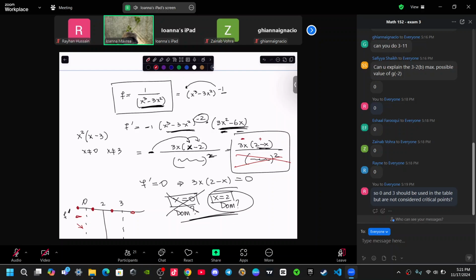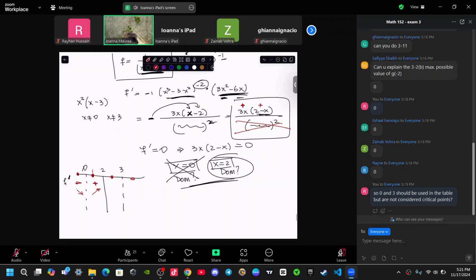I'm going to pick something here, like 1. That's positive, so the function is increasing. Notice the function is going down, and then it goes up. Down doesn't mean it crosses, because you have an issue here. You can't cross.